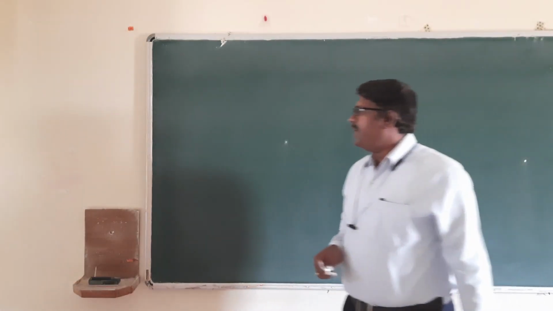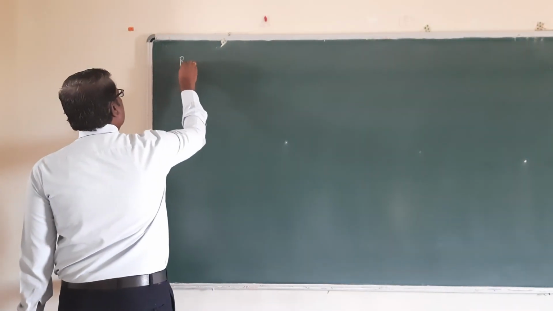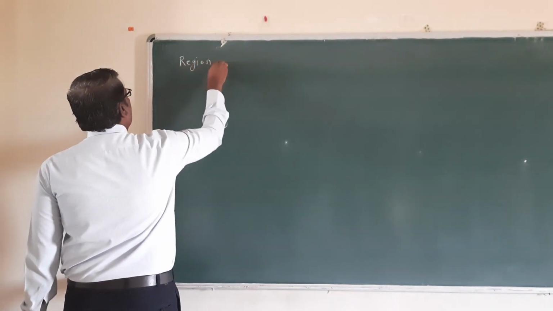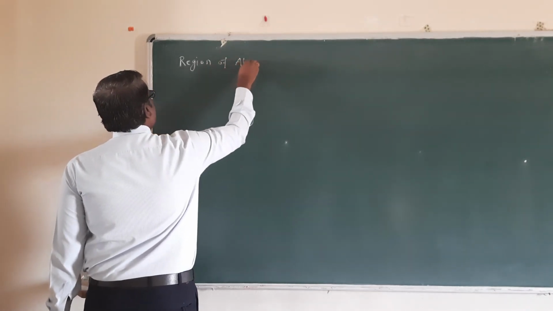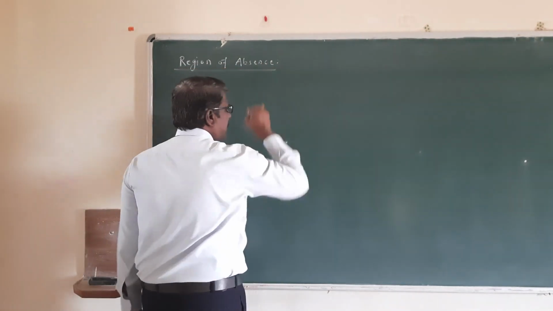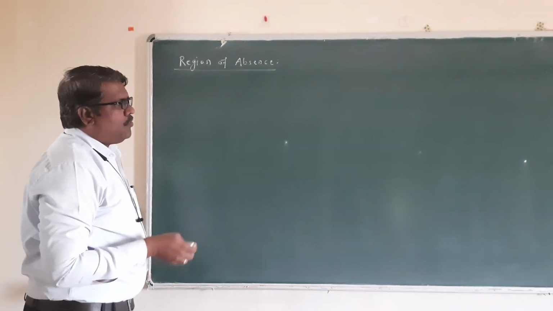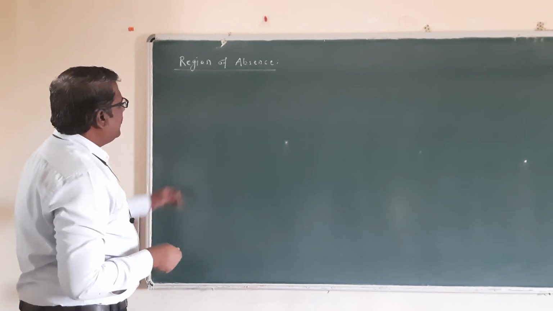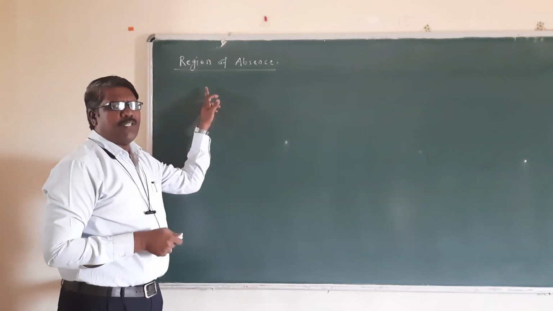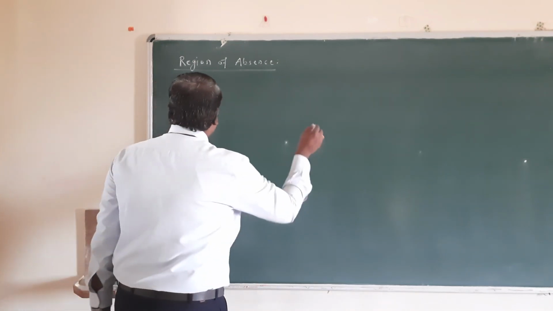Now the next point to trace the curve is region of absence. Now in region of absence, what we are going to check is whether curve is present in a particular partition. How to develop the partitions? There is a procedure. What is the procedure? First, plot the points of intersection. So what I will do?